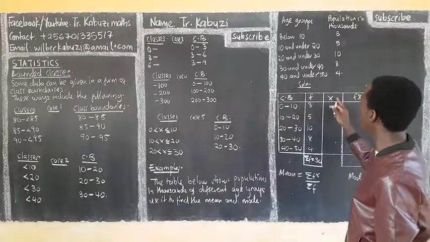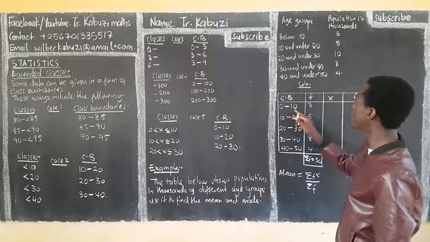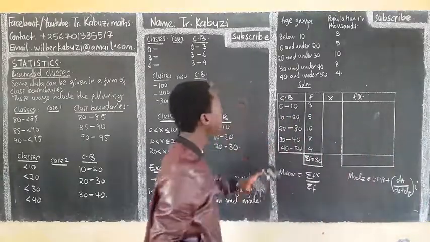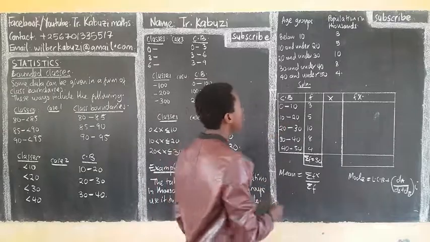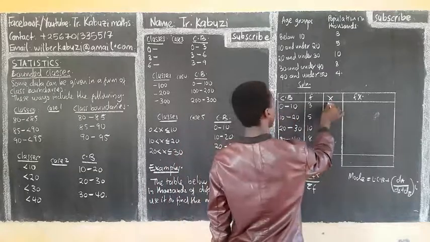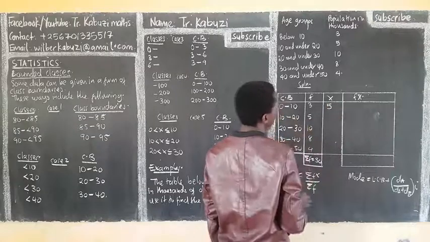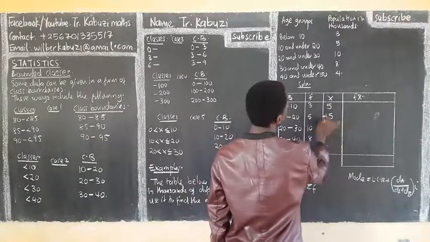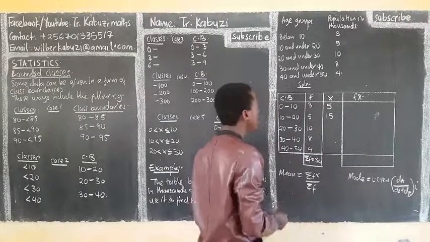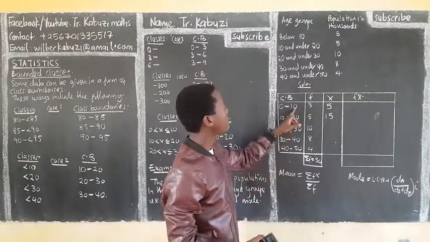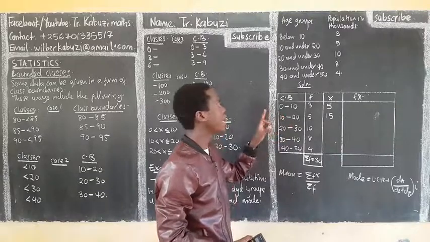Now here, to get our classes, we just get this plus this divided by 2. Now these are class boundaries. Please be careful. So this plus this divided by 2, you get 5. This and this divided by 2, you get 15. But these are the class boundaries. When they are getting the class interval, you get this minus this. That's why you get the class interval.